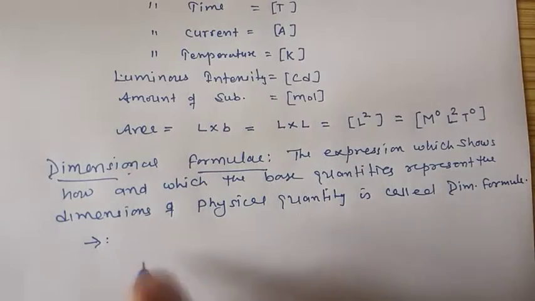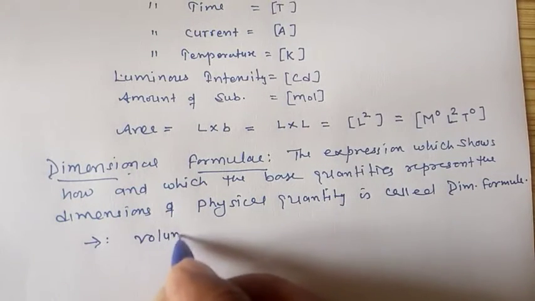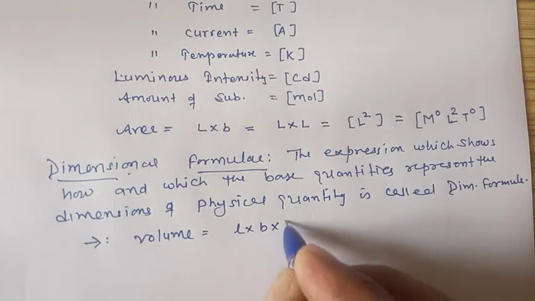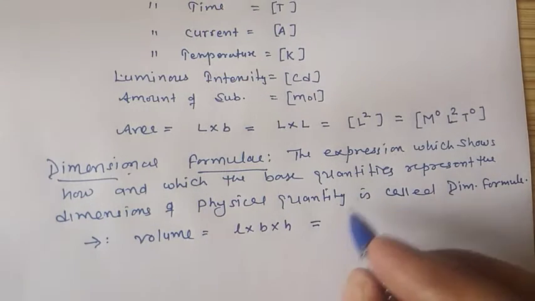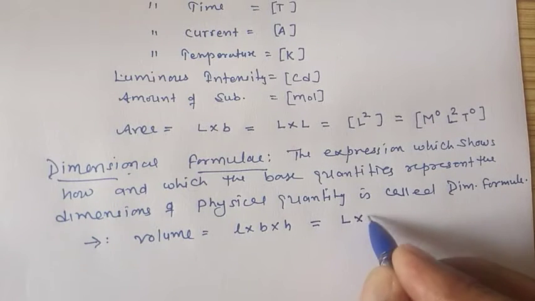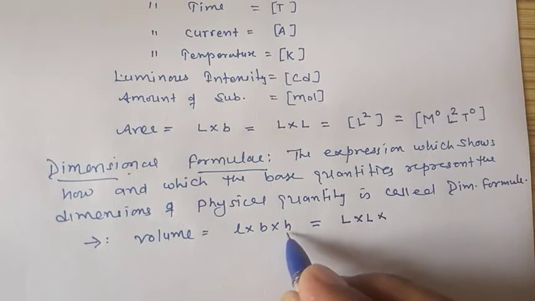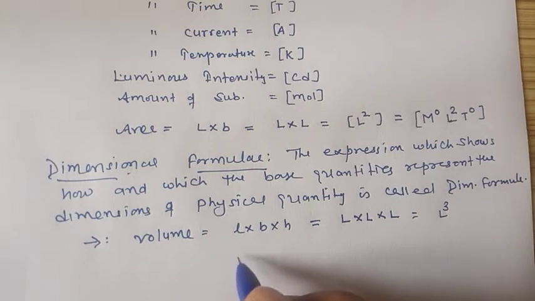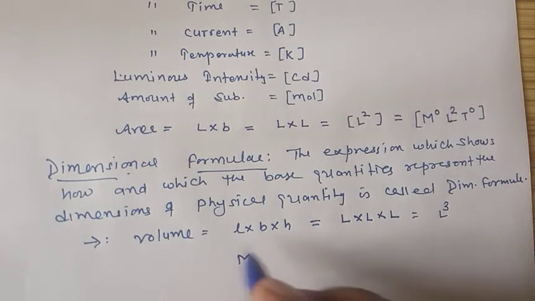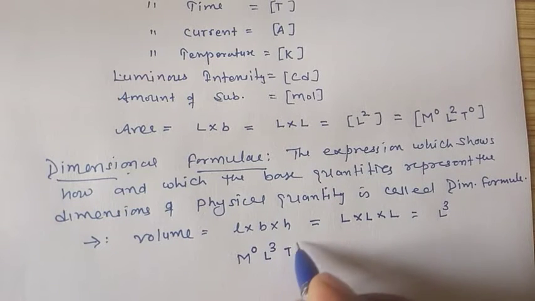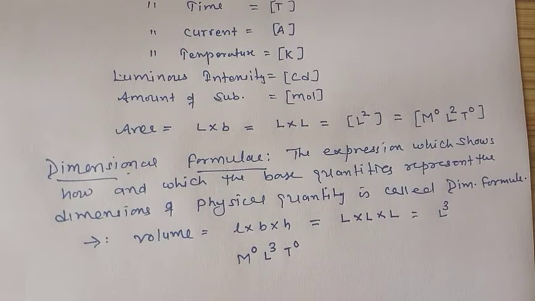Let us take an example, the volume. It has the formula length, breadth into height. Length has the dimensions of L, breadth is also a length so it is also represented by L, and height is also L. So we get L power 3. What will be its dimensional formula? M power 0, L power 3 and T power 0.